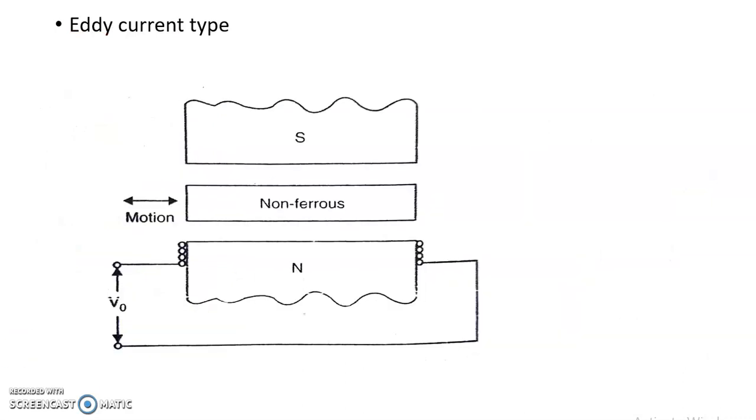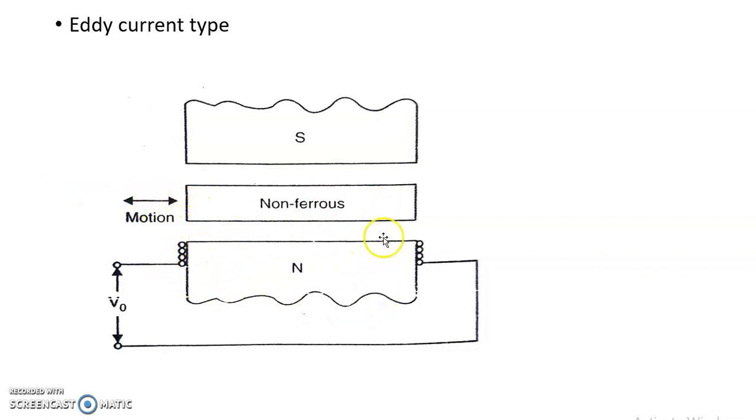Then the last type of self-generating type variable inductance transducer is the eddy current type. In this type there are two poles of the permanent magnet, and in between that there is a non-ferrous material which is movable, and the coils are wound around the poles of the permanent magnet. Now when this non-ferrous material moves through the air gap, then eddy currents are induced.